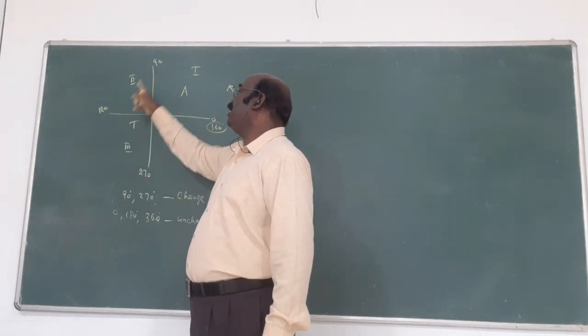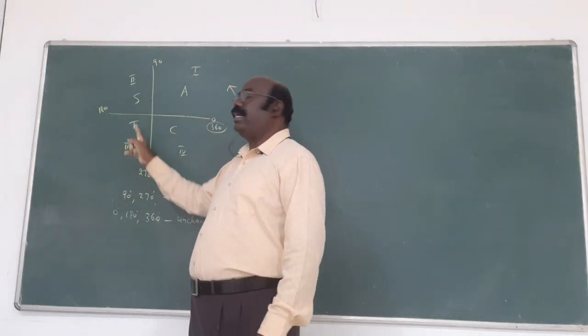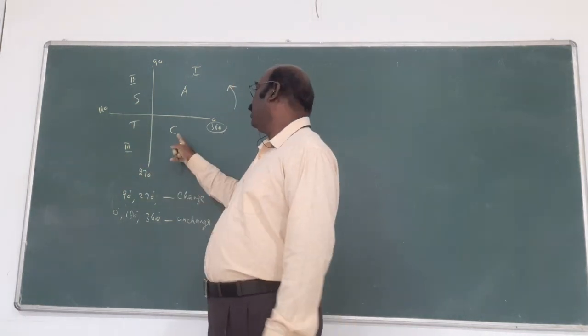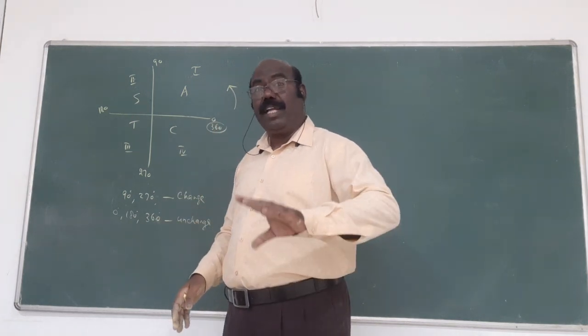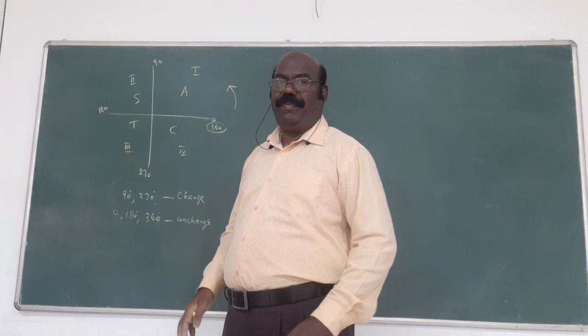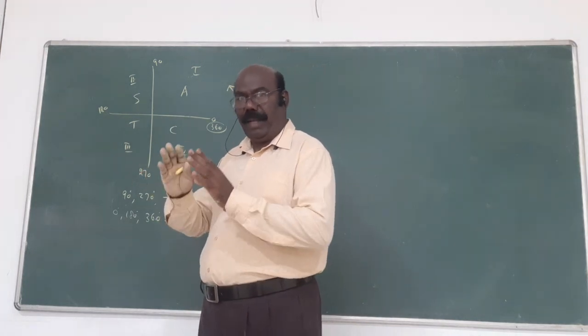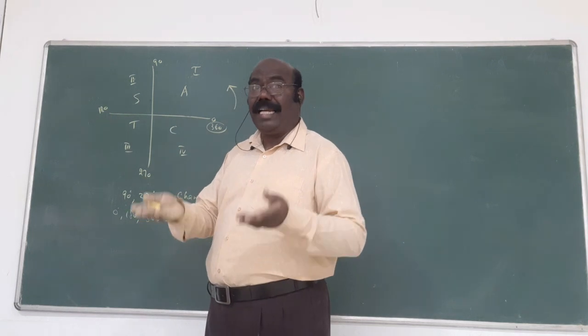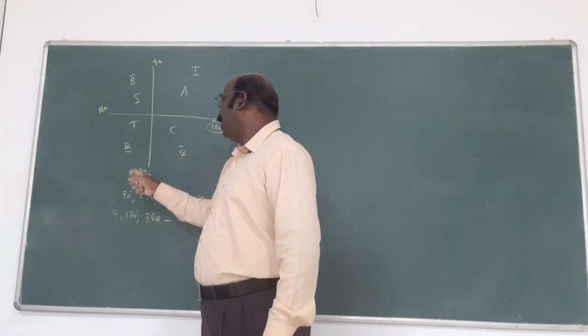In the second quadrant, sine only positive. Third quadrant, tan only positive. Fourth quadrant, cos only positive. That means the remaining ratios will be negative. In this way, a very, very important concept. When an angle more than 90 degree is given, you want to write it in terms of 0 degree, 90 degree, 180, 270, 360.